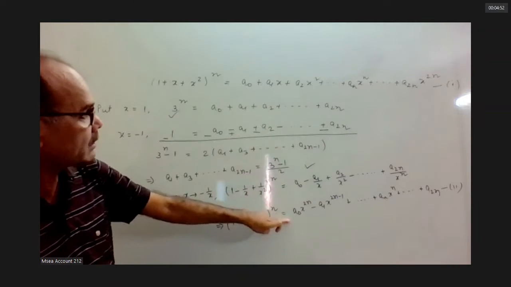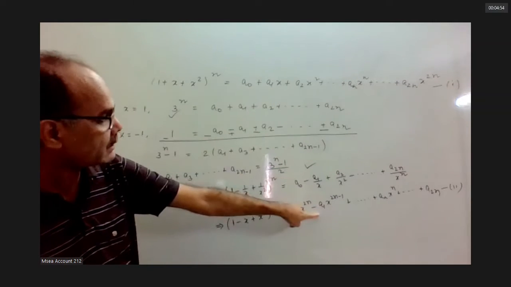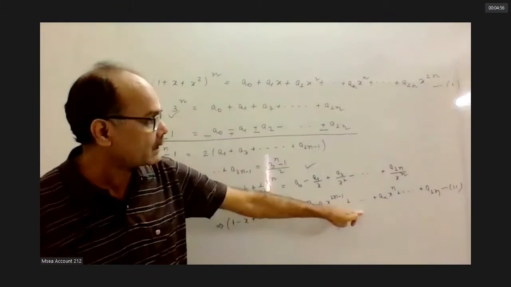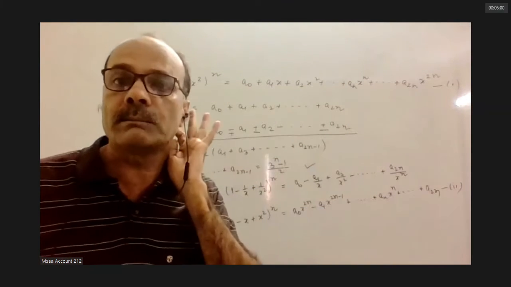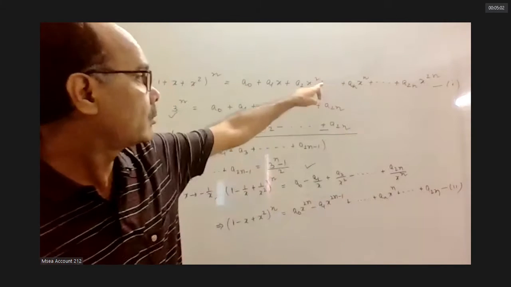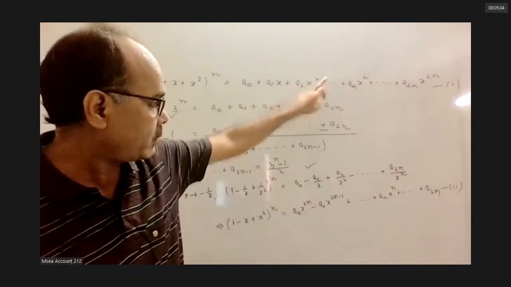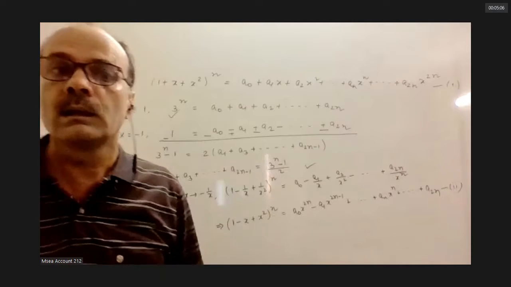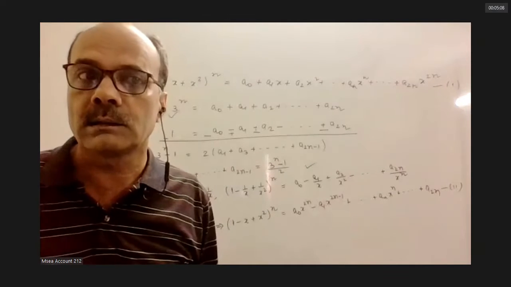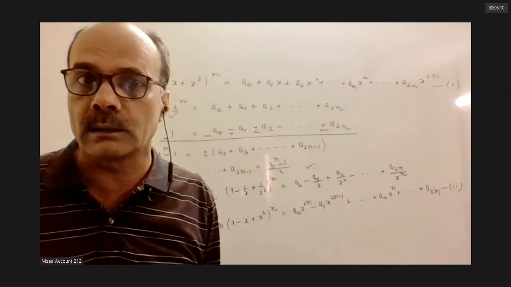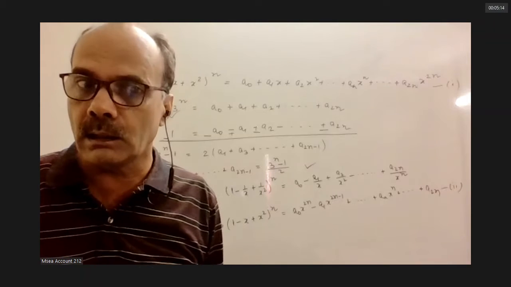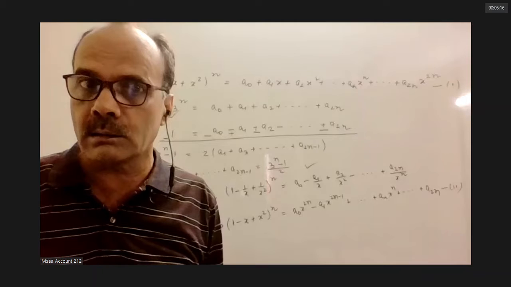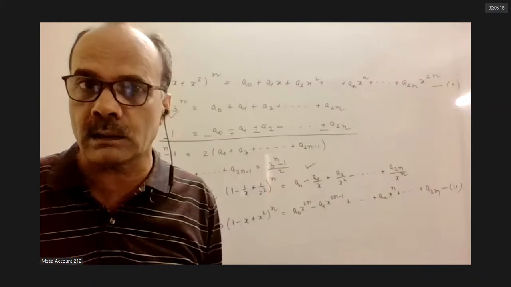It is a0 square minus a1 square plus a2 square. So, multiplying 1 and 2: this polynomial and the second polynomial, and on the right side take the coefficient of x to the power 2n.